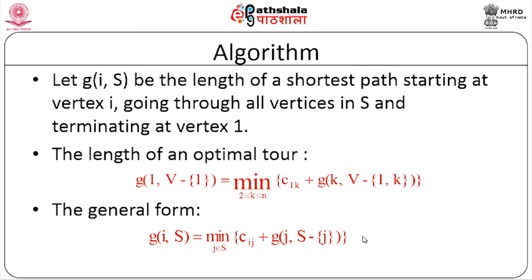So, you can see exactly what is happening now. We have to find from the source vertex all the paths, then we are going to store that into the table, then we are going to increase the set and recompute the length of the optimal tour involving the lengths that we have already obtained.